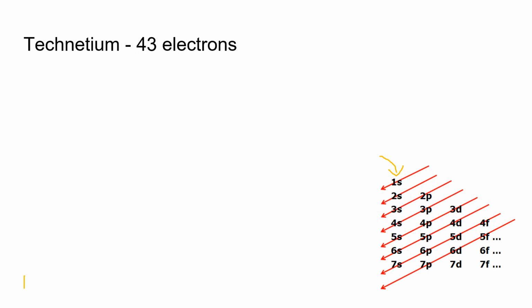So first we draw the 1s with two electrons inside, and then we go to 2s. Also two electrons, and then we go to 2p, which has three orbitals.